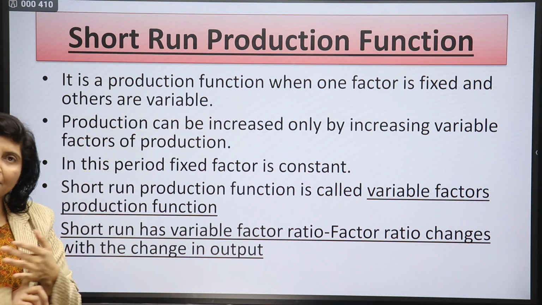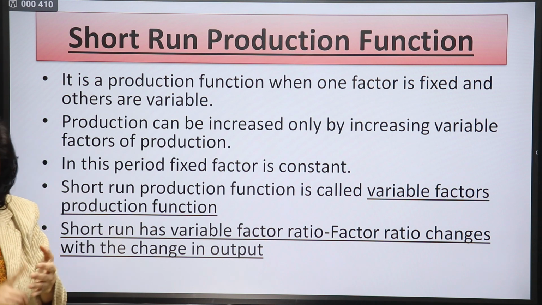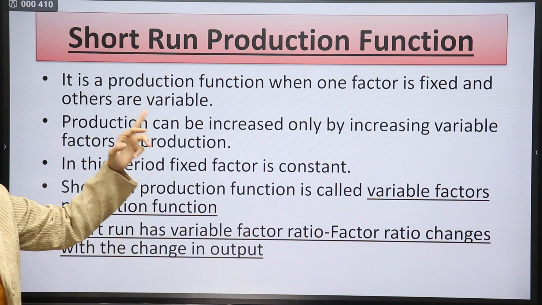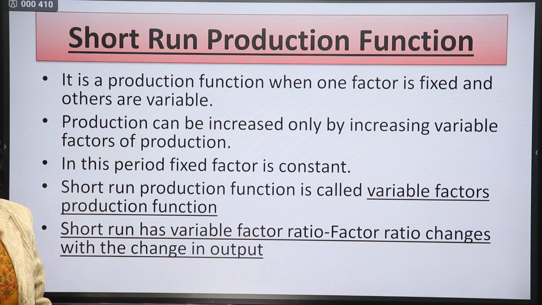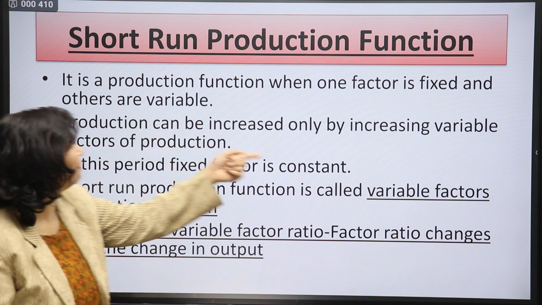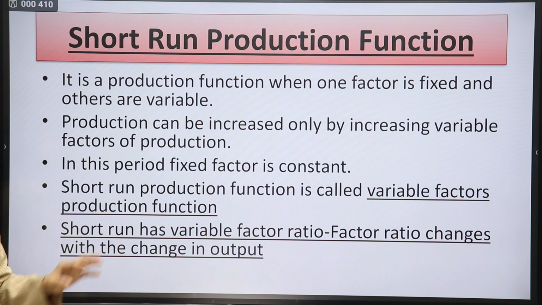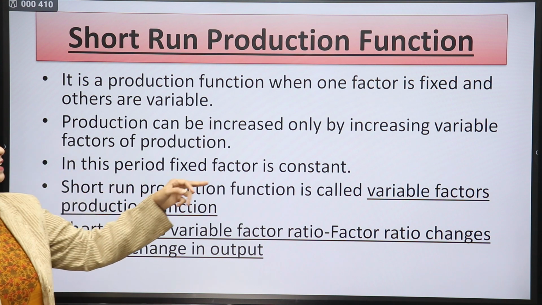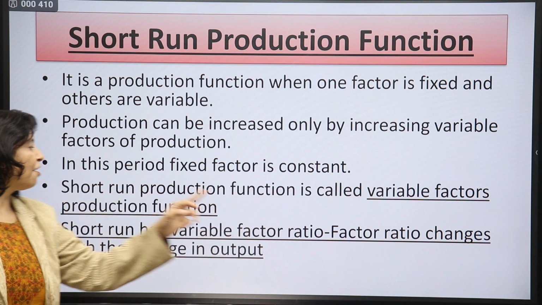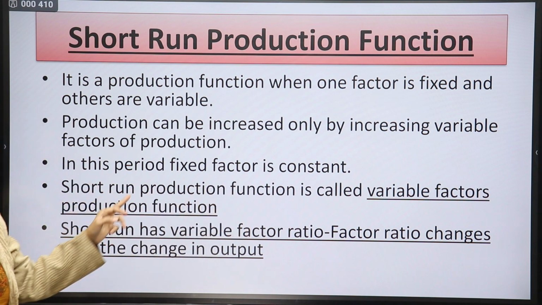So here labor is variable, raw material is variable, and other things are variable, but only machines are fixed. Others can be changed. Production can be increased only by increasing variable factors of production. In this period, the fixed factor is constant. Short run production function is called variable factors production function.